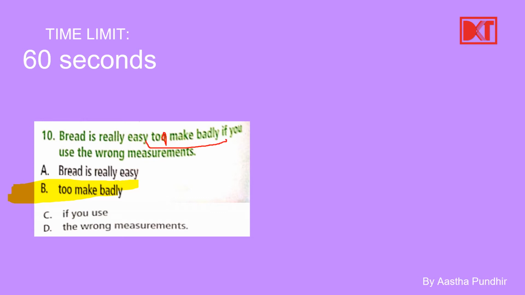This too with double O is a synonym of also. So the correct answer is B, and the incorrect part is to make badly. Alright.